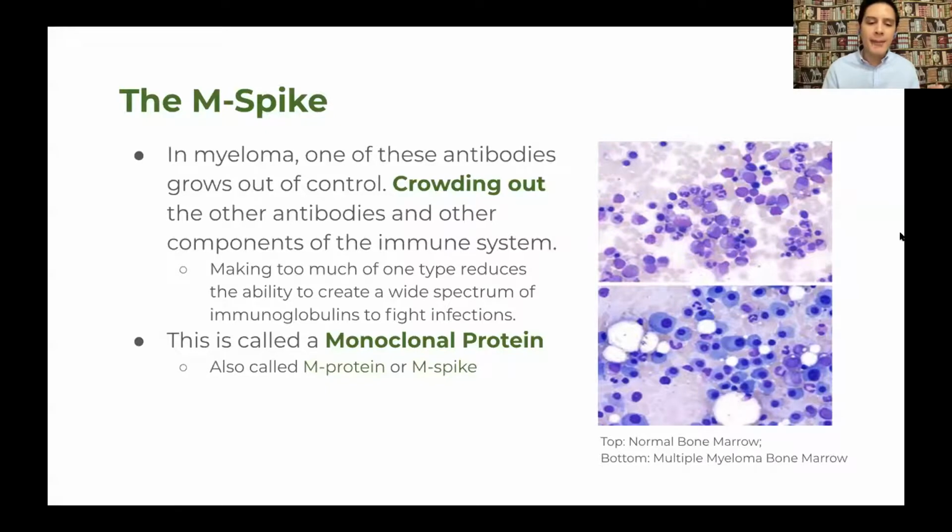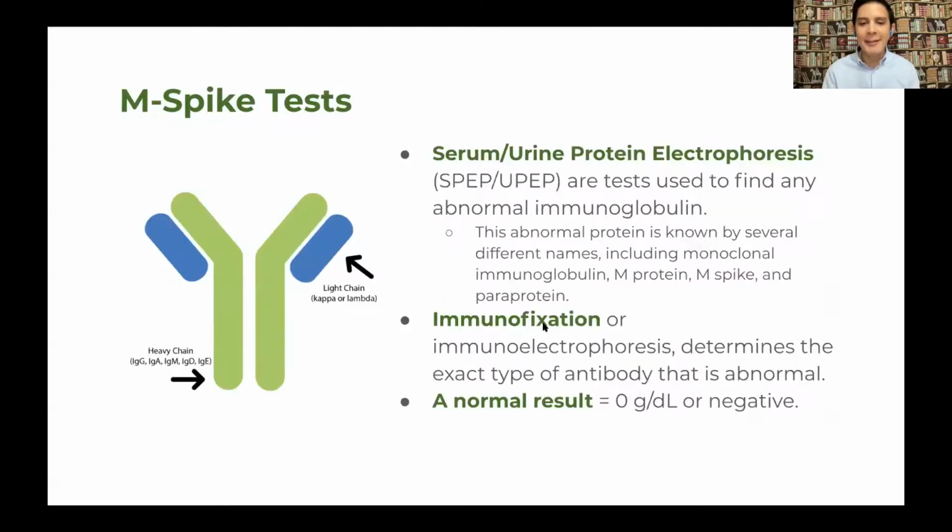But in myeloma, these cells secrete abnormal immunoglobulins of only one type that cannot properly fight infections, called monoclonal proteins. As myeloma grows, these proteins also grow, crowding out other proteins of the immune system and reducing the ability to fight infections. The next slide.